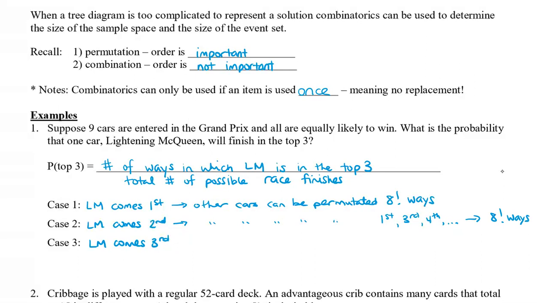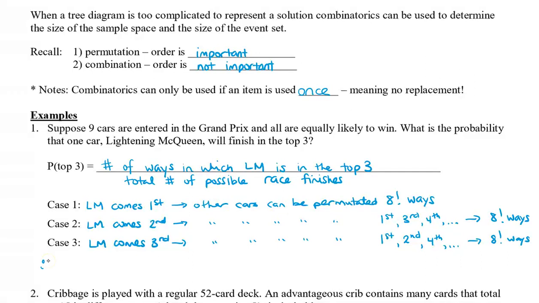And if Lightning McQueen comes third, the other cars can still be permuted 8 factorial ways because there's still going to be a different car that's first, a different car that's second, he is third, and then there's fourth, fifth, sixth, all the way to ninth. So again, there are 8 factorial ways.